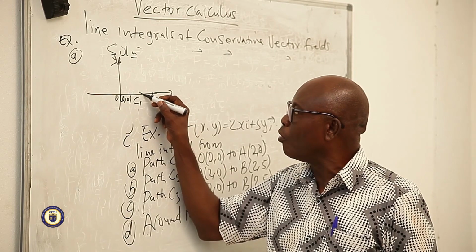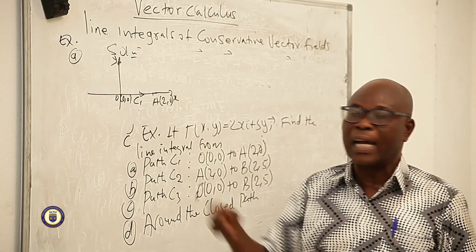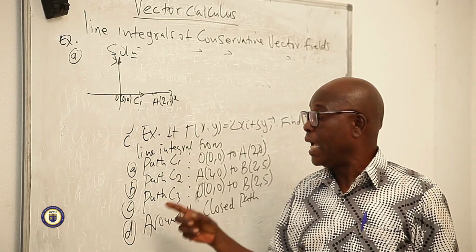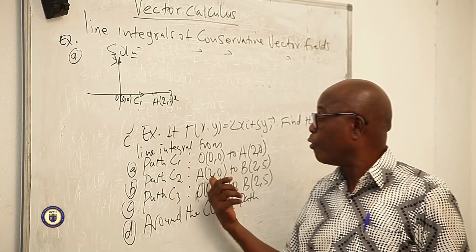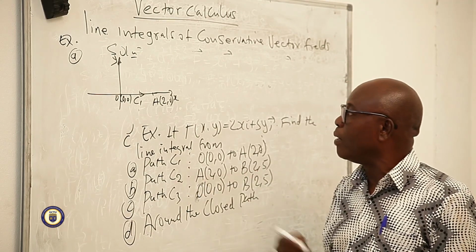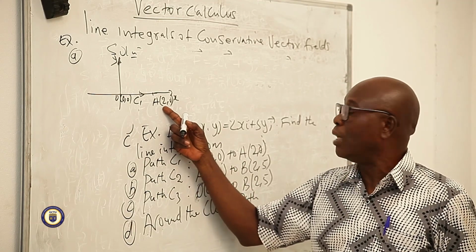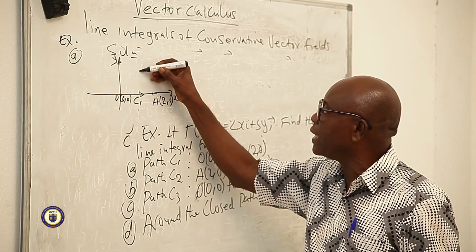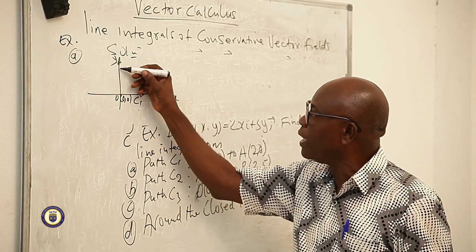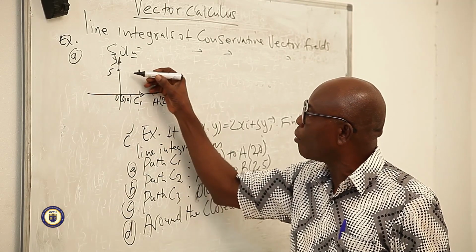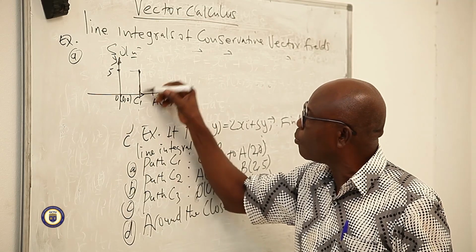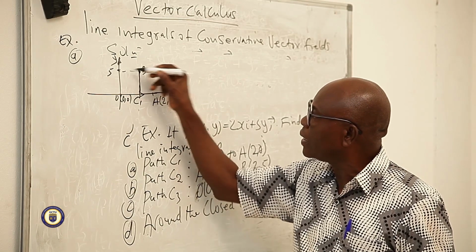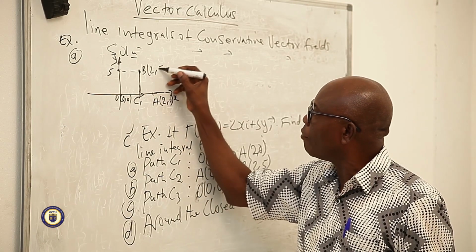So we are going to find a line integral along the path C1. And then part B tells us that we should find a line integral from point A to point B. Point A is 2 and 0, and point B is 2 and 5. So if this is 5, then this is point B, which is 2 and 5.